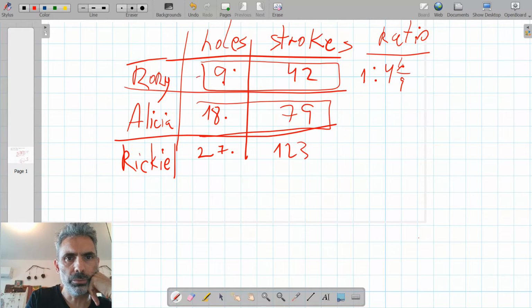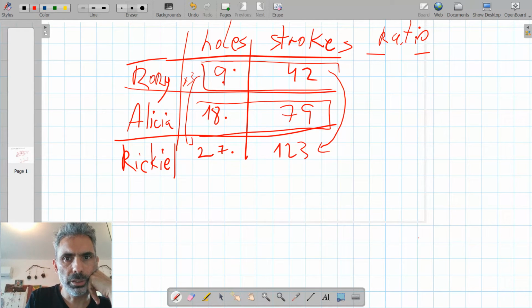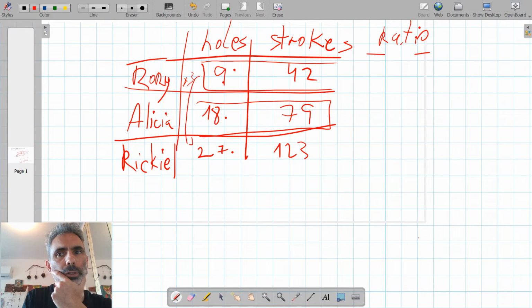Okay, so to go from 9 to 27, I multiply 9 times 3. So Rory's ratio, to go from 42, sorry. I need to multiply 42 times 3 as well to know the ratio of Rory with the same number of holes as Ricky's.